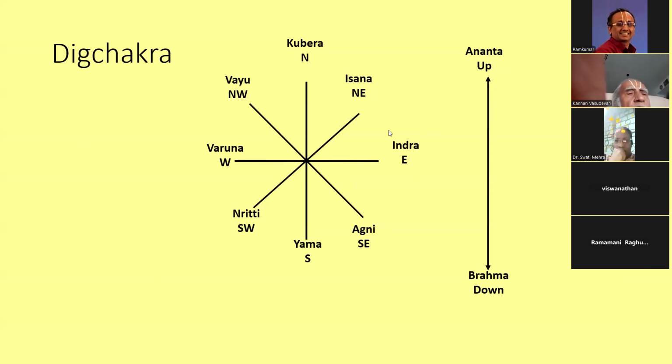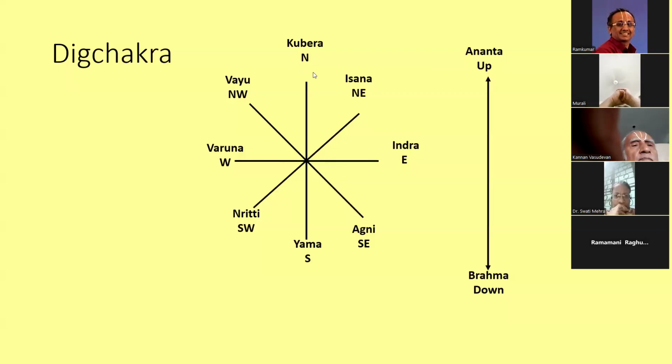East is Sun, southeast is Venus, south is Mars, southwest is Mercury, west is Saturn, northwest is Moon, north is Mercury, northeast is Jupiter.